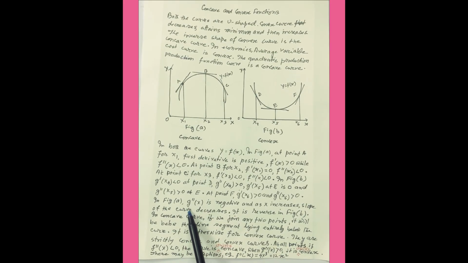Now in figure A, g prime x is negative, and as x increases, the slope of the curve decreases.